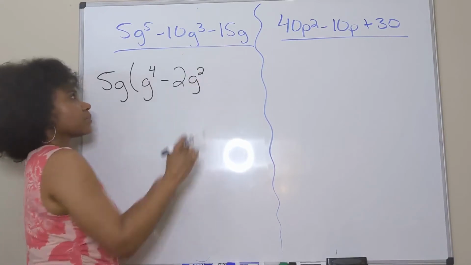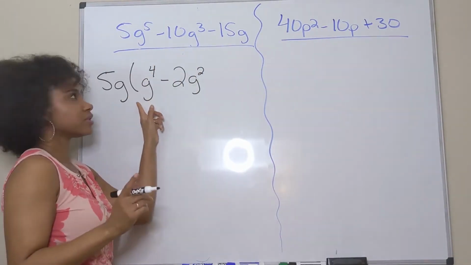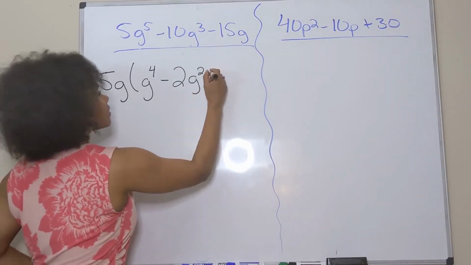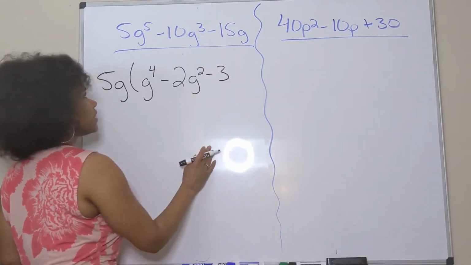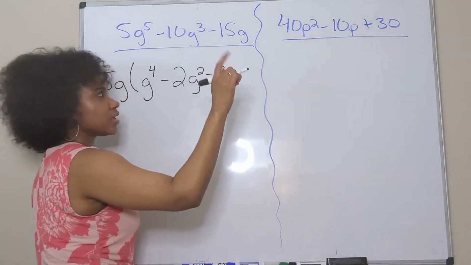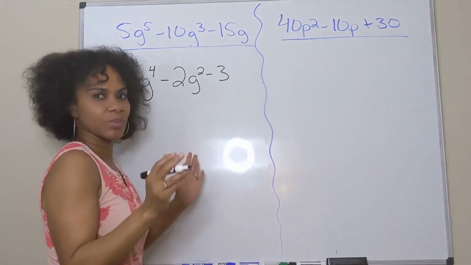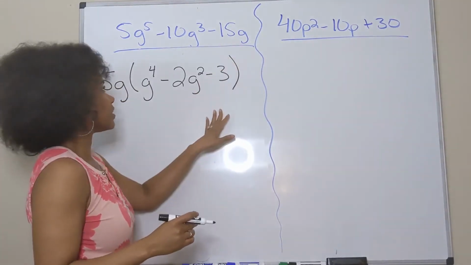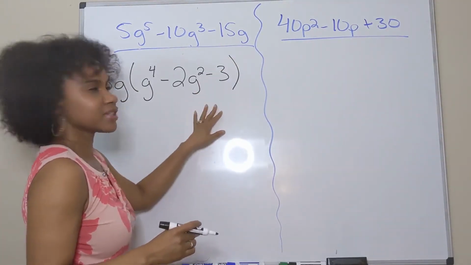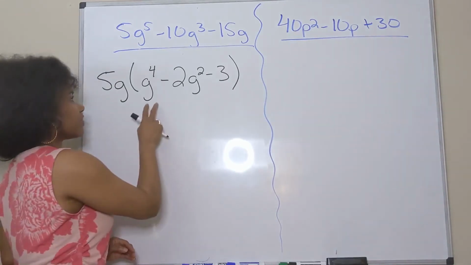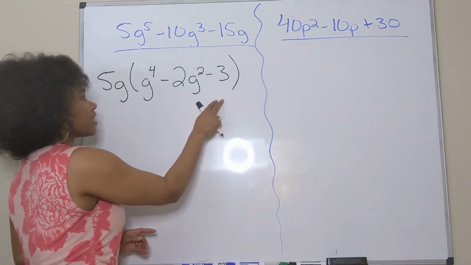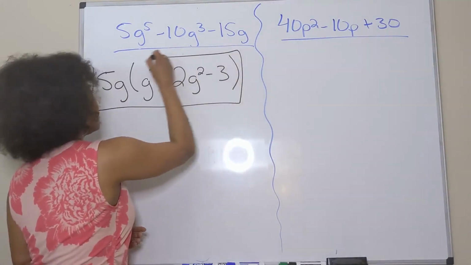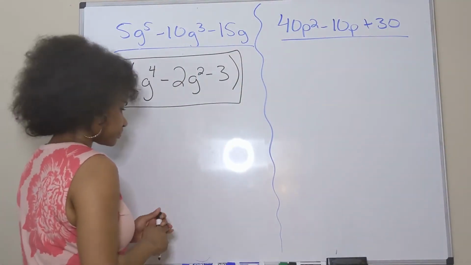So g to the 2nd, because I took out one of those g's. Negative 15 divided by 5 is a negative 3. I took away one of the g's. If I take away 1, I don't have any more g's left. So that is it for this one. And so I have factored this expression completely because they don't have any other factors or variables in common.